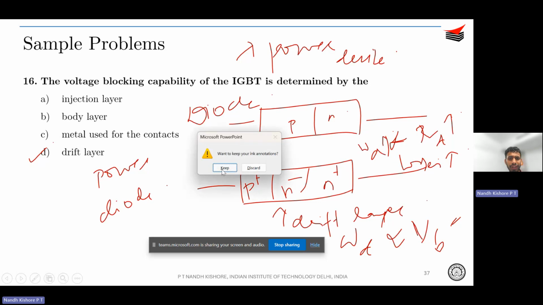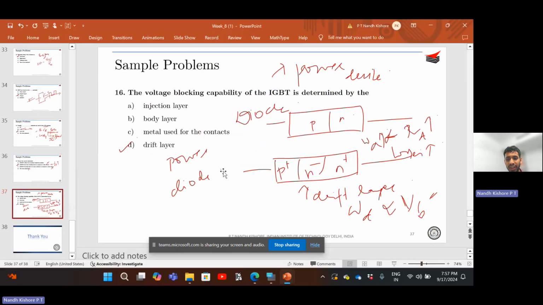So this was more of a theoretical session. We just saw a few problems relating to that. This brings us to the end of the problem solving session for today, and of course for this entire course.